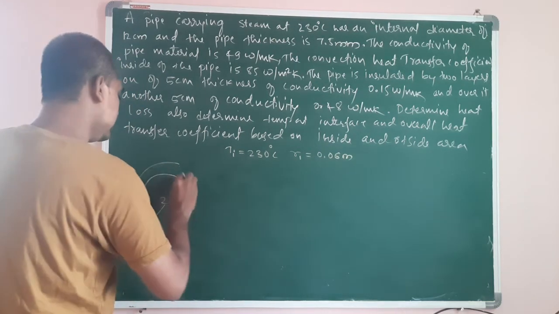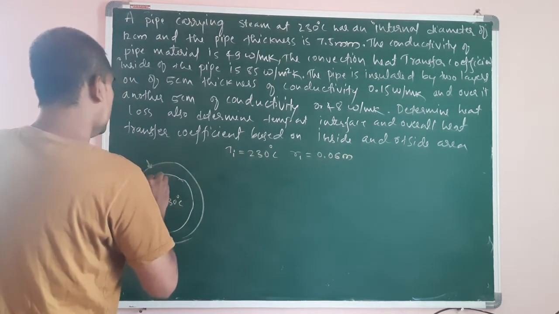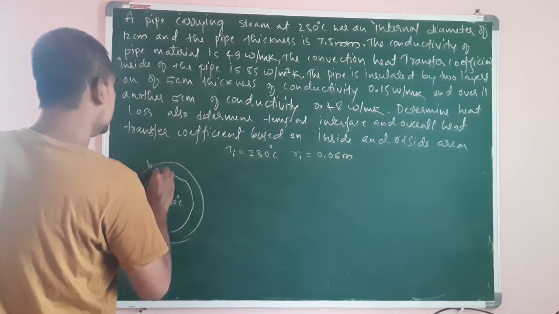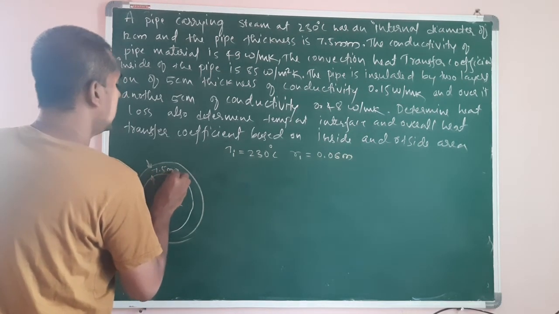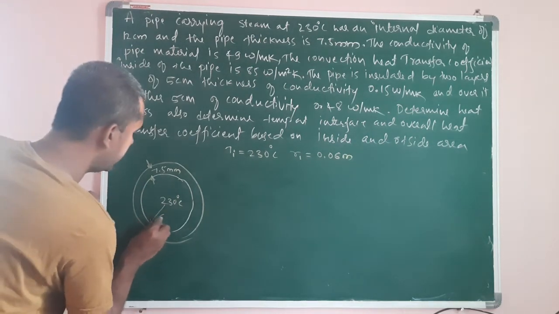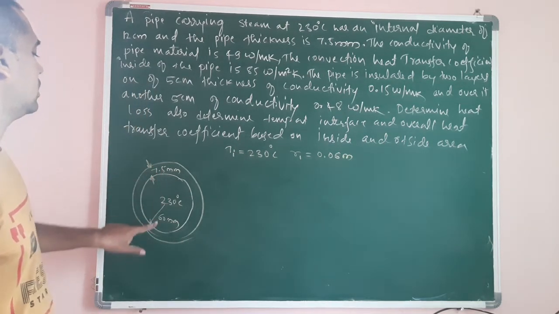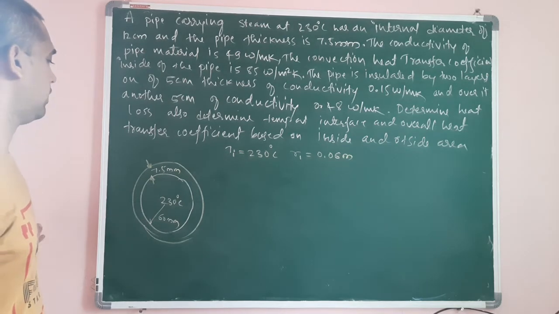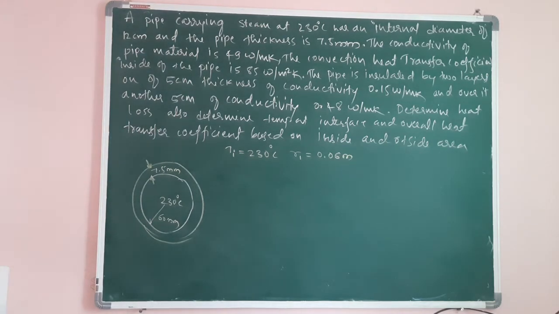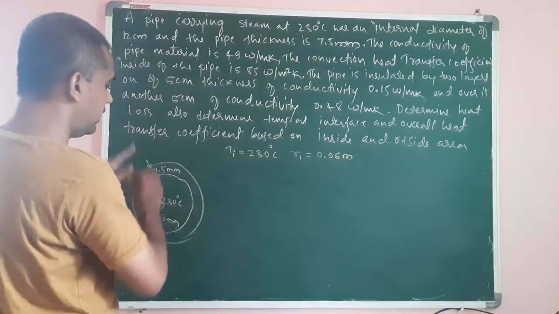Outer radius: 60 plus 7.5 means it will be 67.5 mm. R2 is equal to the outer radius, that is 67.5 mm.